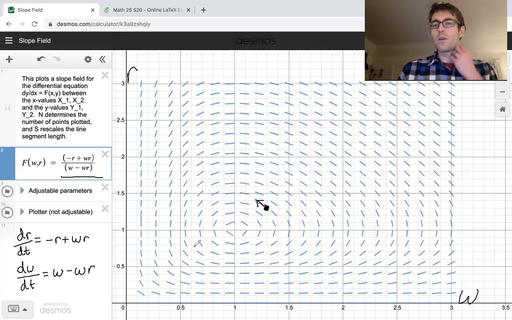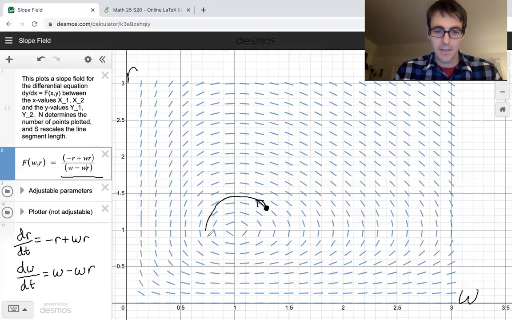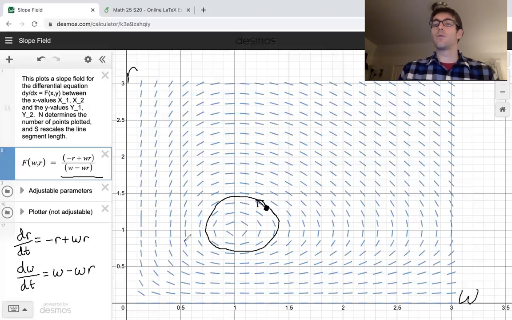And so we want to know, what does a trajectory solution in this slope field look like? Well, that's going to be something that traces out the curve. The idea is that we go with the flow and trace out the solution to this system.